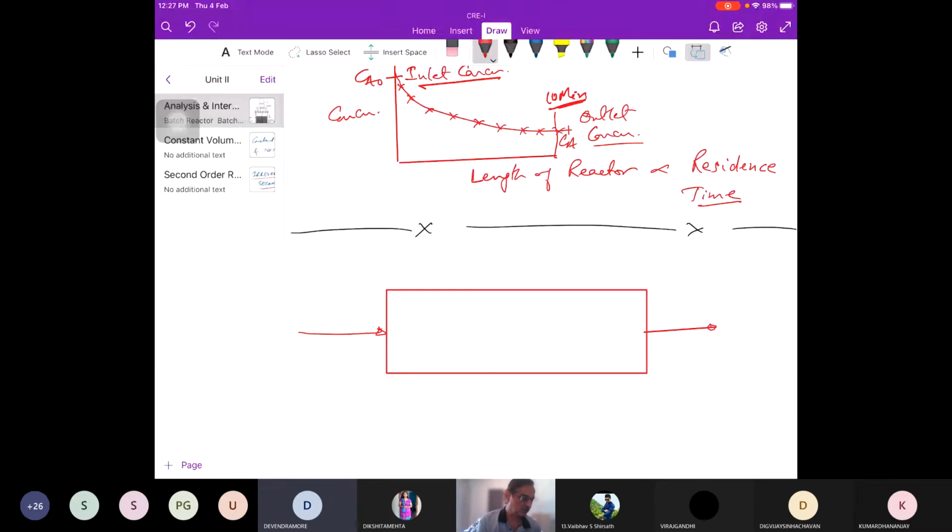So if you look at this one, बाउंड्री लेयर पढ़ा क्या आप लोगों ने? बाउंड्री लेयर पढ़ा था क्या फ्लूइड मैकेनिक्स में? हाँ सर। क्या होता है बाउंड्री लेयर? Effect of viscous forces, sir.